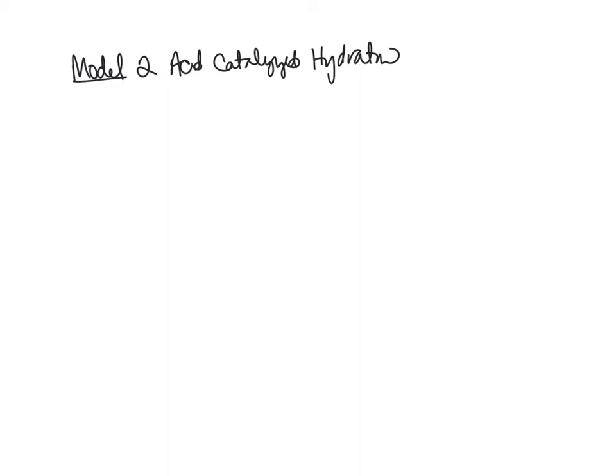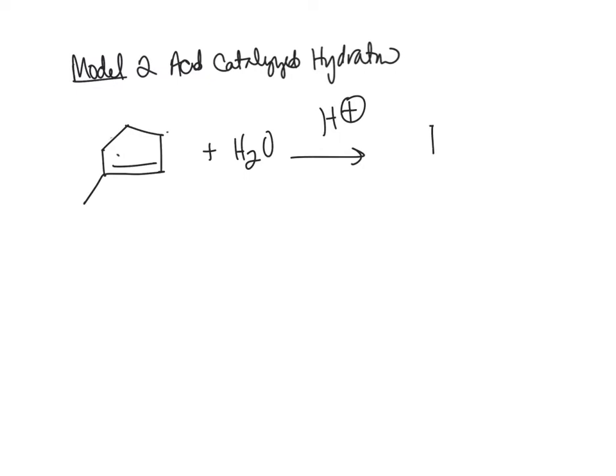You have to know each one of these reaction mechanisms. And here the acid. We mostly use sulfuric acid as your typical acid, but you could have other acids. And we have our product here.